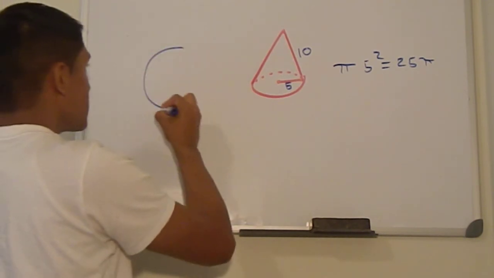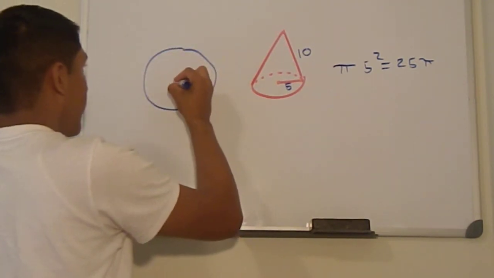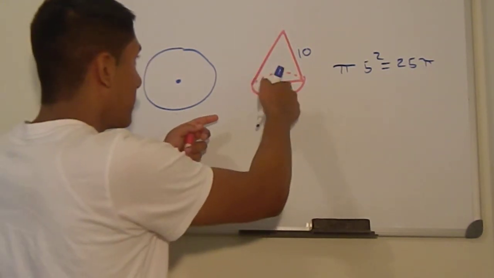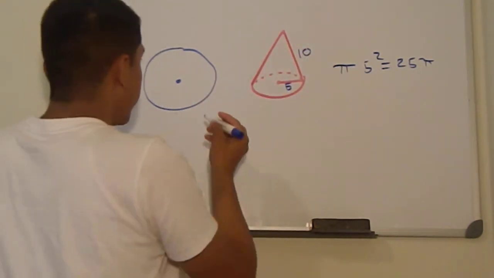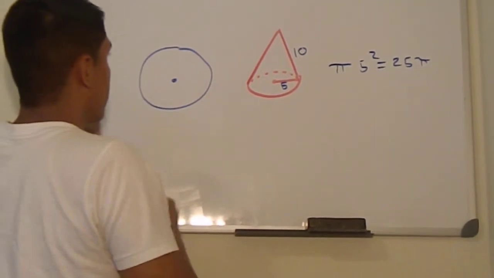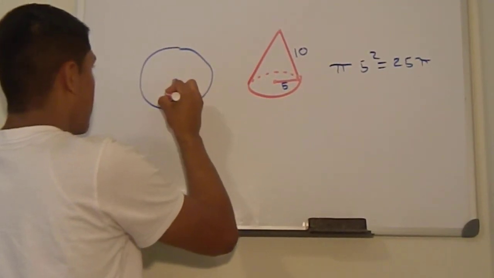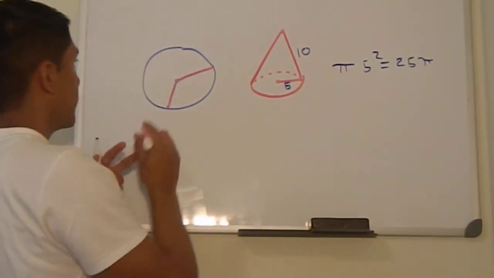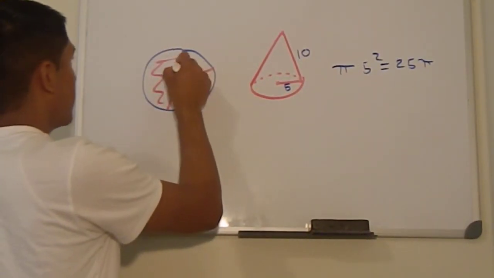The way I think about it is that if you cut this out and open it out, you'll get a figure that looks like this. Like this here will be what you have left.